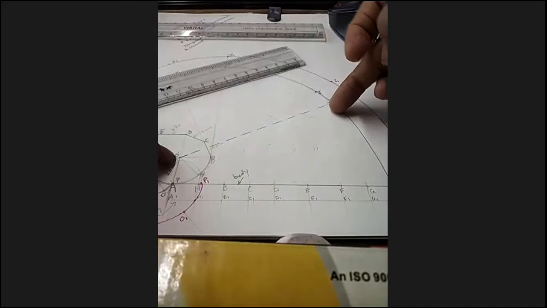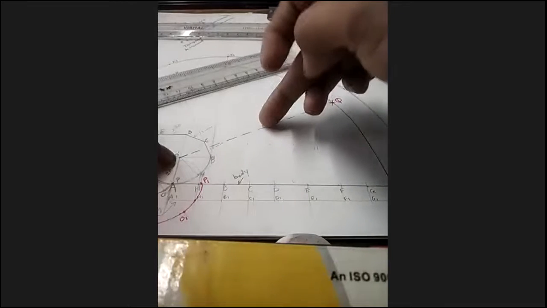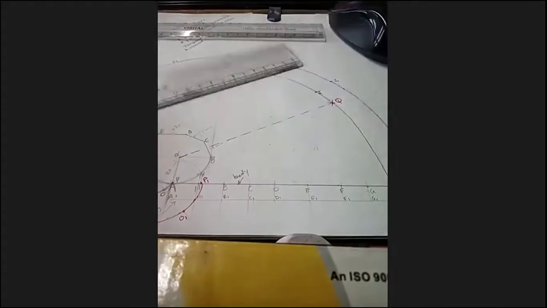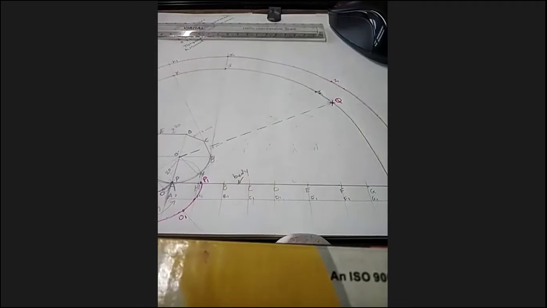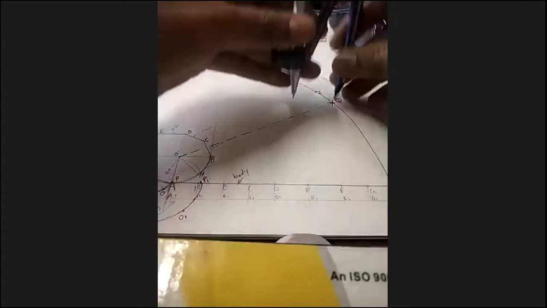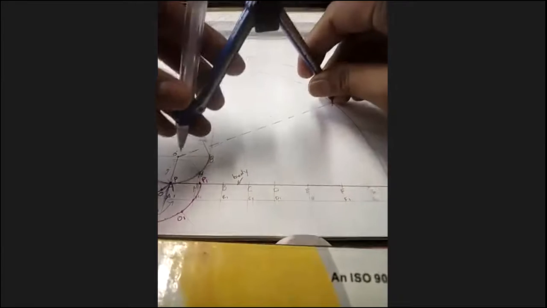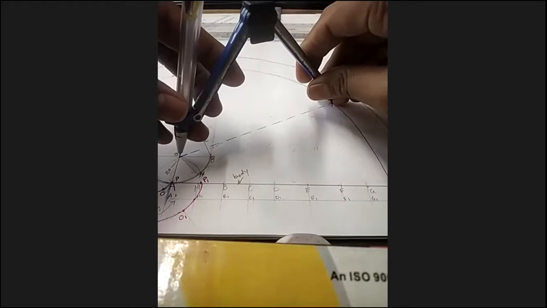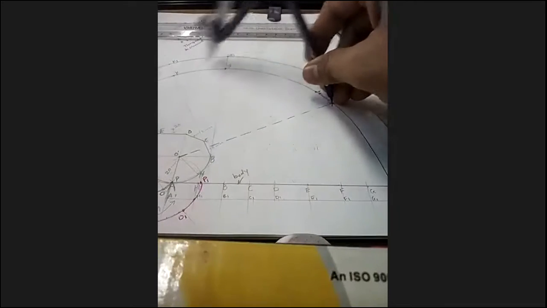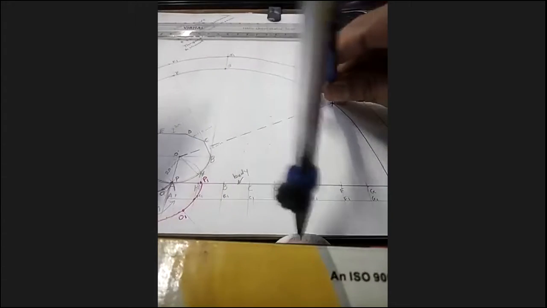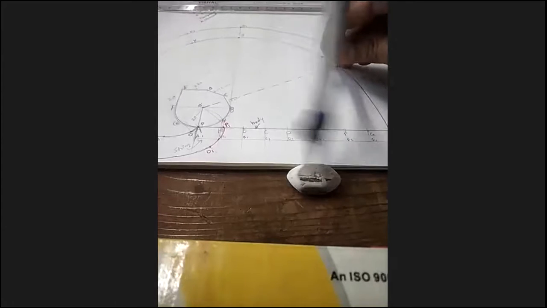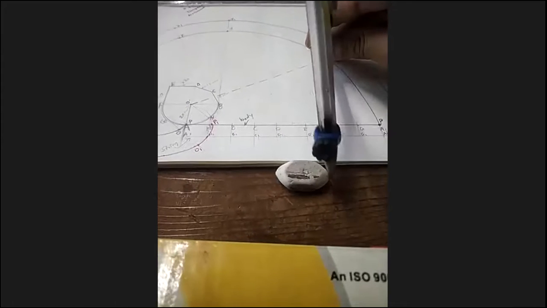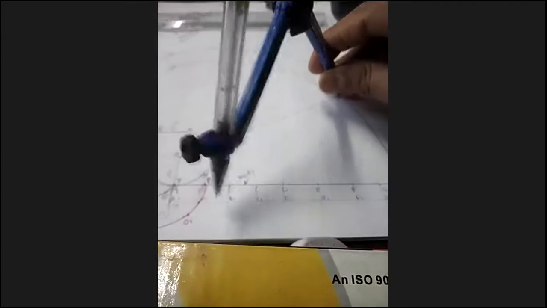To draw that semicircle, I need one center point. So first of all, I will generate that center point using compass. With compass, it will be a lot easier as compared to anything else. See, on this side I won't be able to get that point. Fine, but I have a drafter with me, so it will serve my purpose.